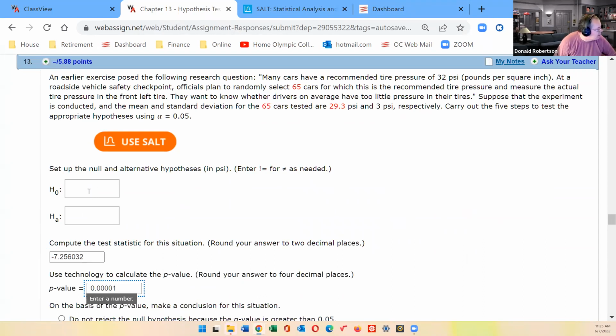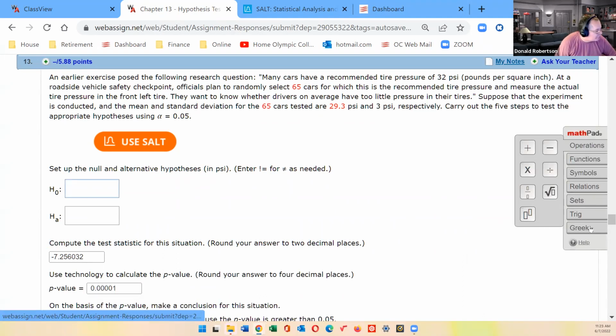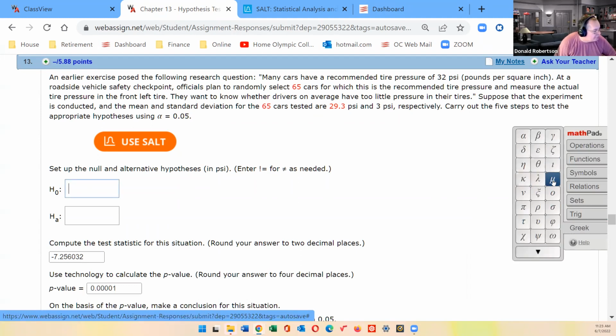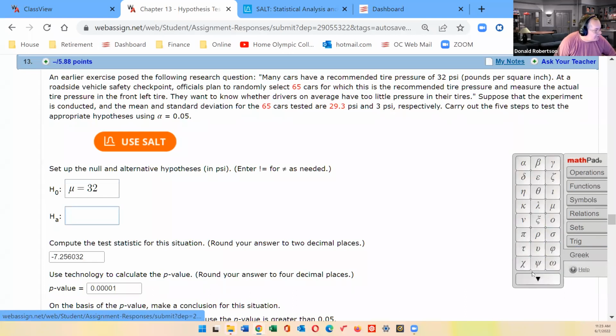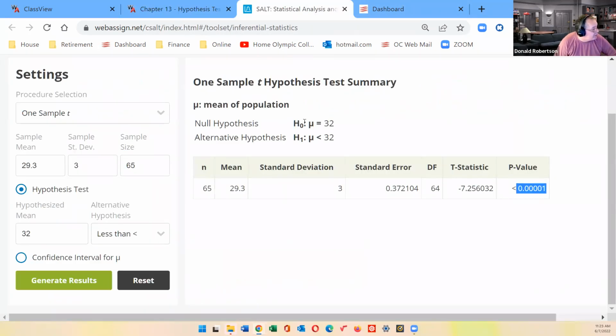And I want H naught, and that's going to be mu equals 32. So go to the Greek letters, do mu equals 32. And I want to prove that it's less than. So mu less than 32. And if I go back here, can you see equal to, less than?